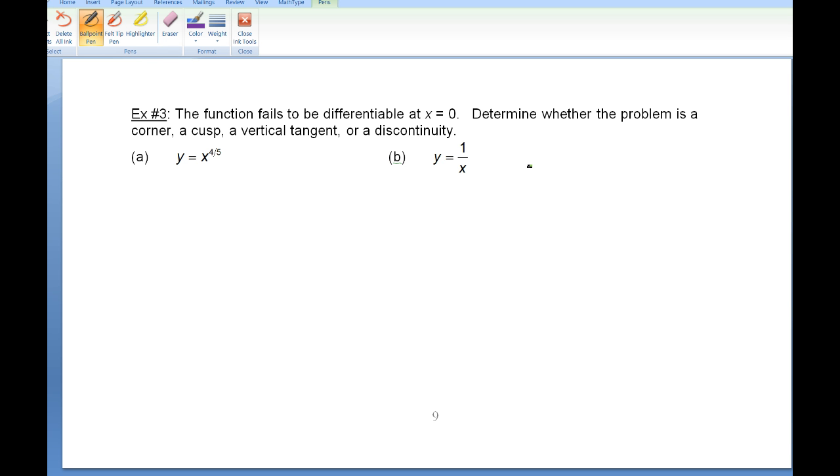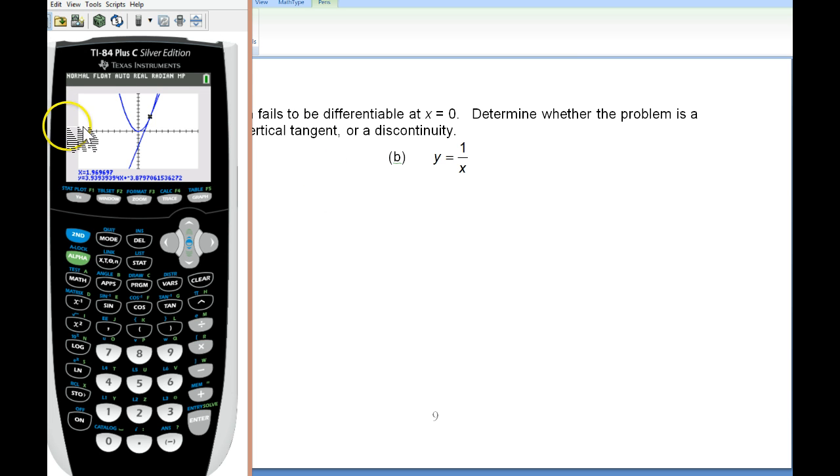Okay. The function fails to be differentiable at 0. So homework: determine whether the problem is a corner, a cusp, a vertical tangent, or a discontinuity. You can use your calculator for a problem like this. So if we want to look at x to the... You think it's a cusp?